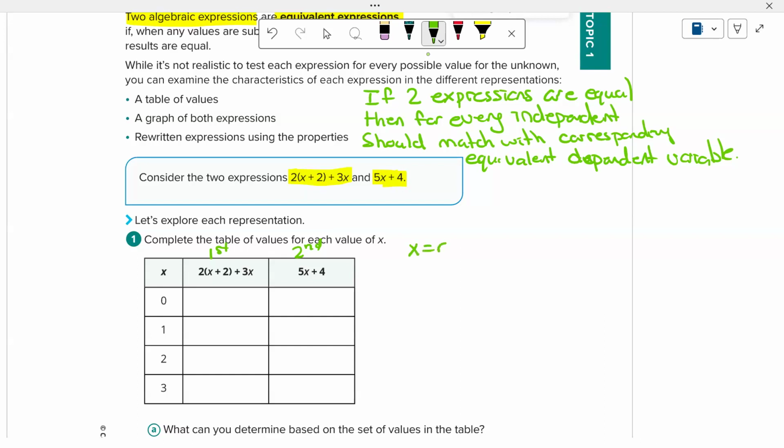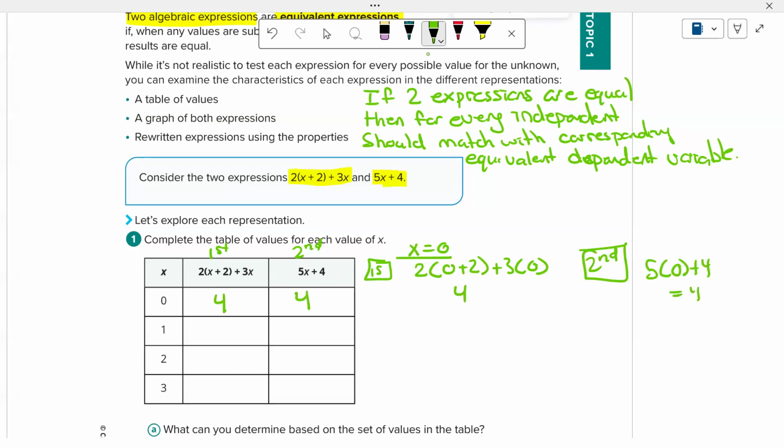So when x is equal to 0, for the first one I get 2 times the sum plus 3 times 0. If I do that math, I'll get 4. And if I do the second one, 5 times 0 plus 4, I get 4.